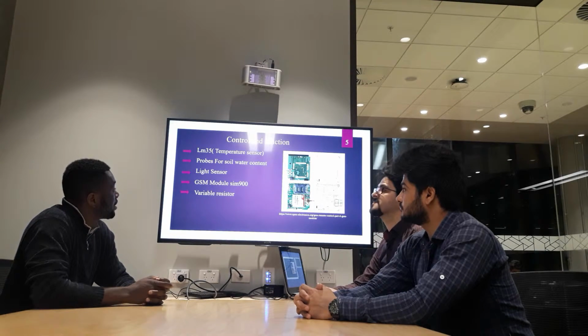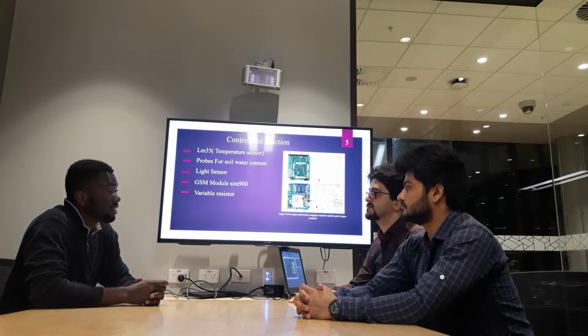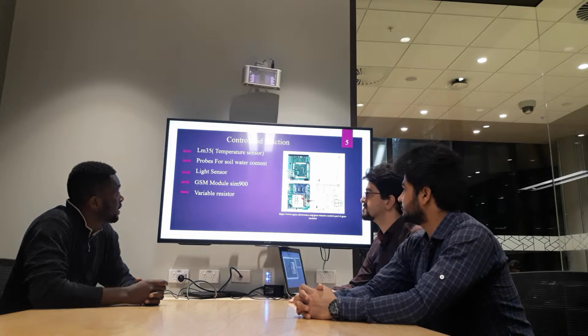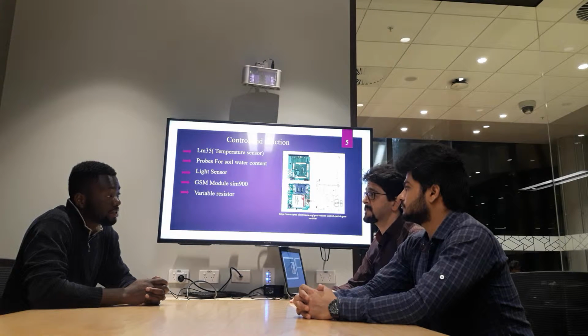In this slide, I'm going to talk about the controls. By controls, I mean the components we are going to use to get the expected outcome and the functions of the components. First of all, we are going to use the LM35, which is a temperature sensor.